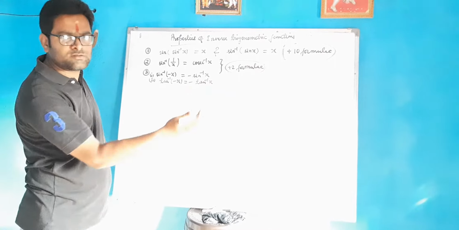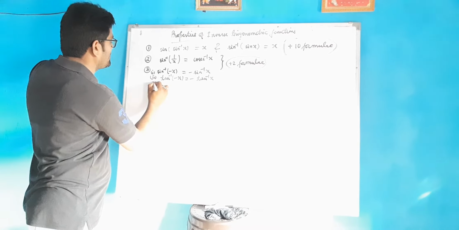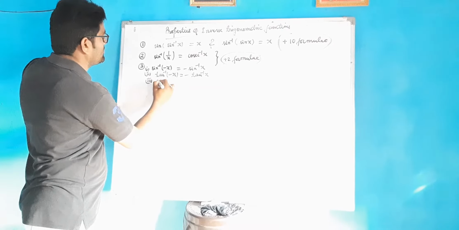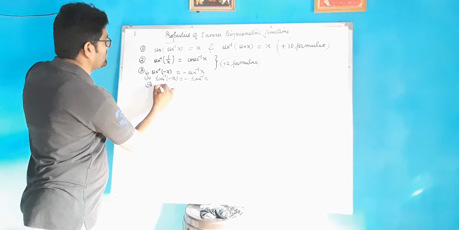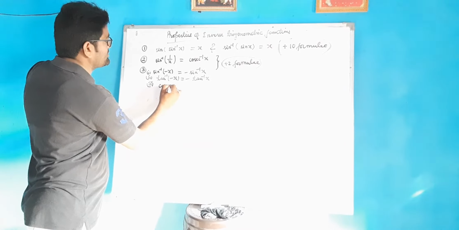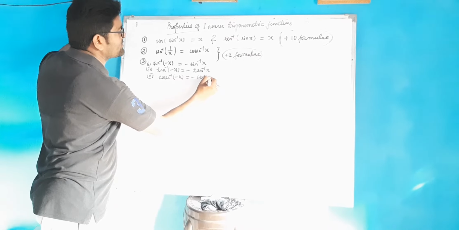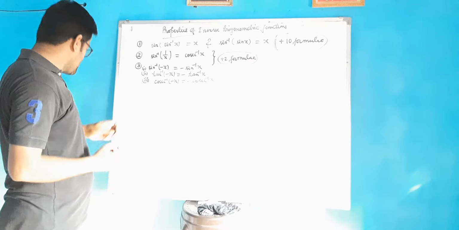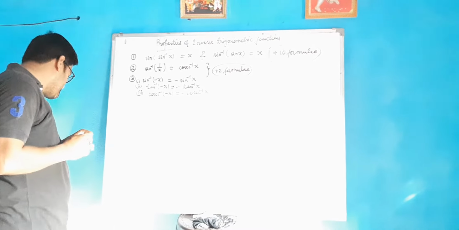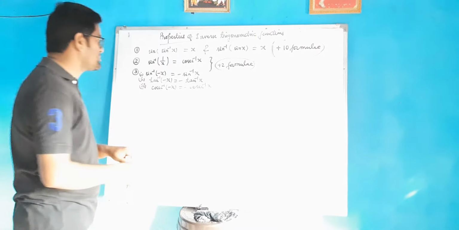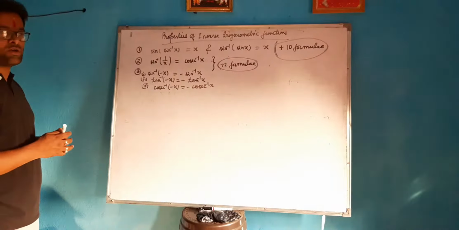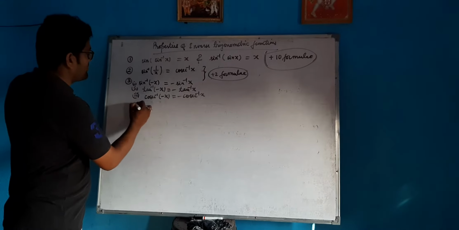We can prove it also. Third, cosec inverse of minus x is equal to minus cosec inverse x. So sine, tan and cosec inverse will give you the minus of those functions. These are included together. But the rest 3 are different.